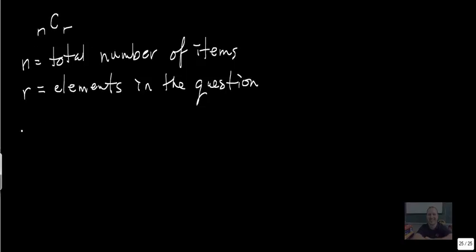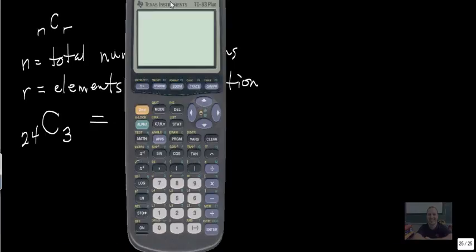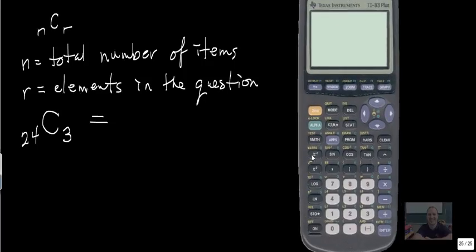But how we calculate that is we take the total number, so we have 24 students in this class, and C stands for combination, but the wording you could use is choose. So we want to choose 3 at a time. This is going to be a pretty big number, and on your scientific calculator you should have the NCR button.